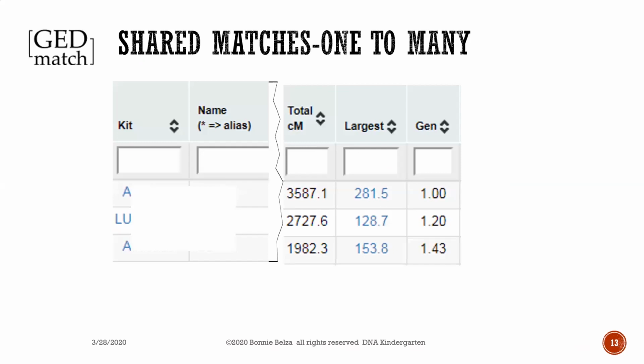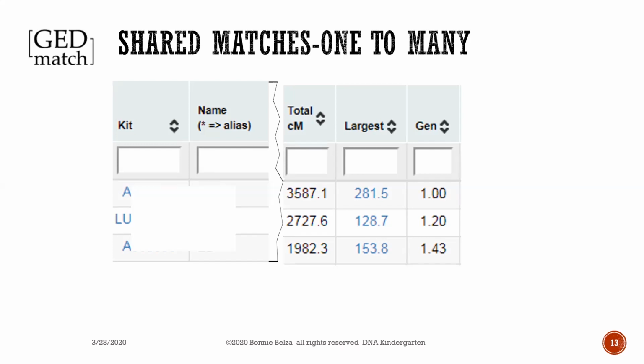GEDmatch assigns kit numbers to the DNA test that you upload. So you'll have a kit number for your DNA. When you click on your kit number, or you click on the one-to-many utility link, GEDmatch will generate a list of people that you are sharing DNA with.